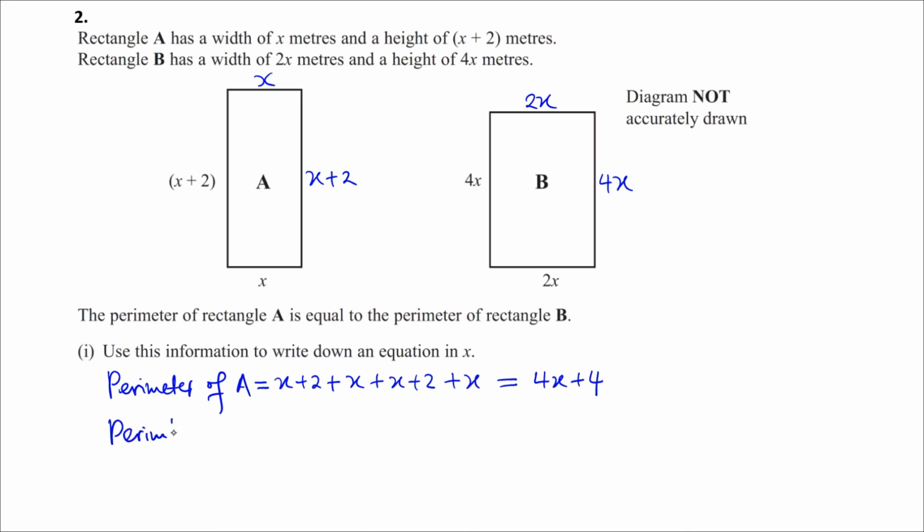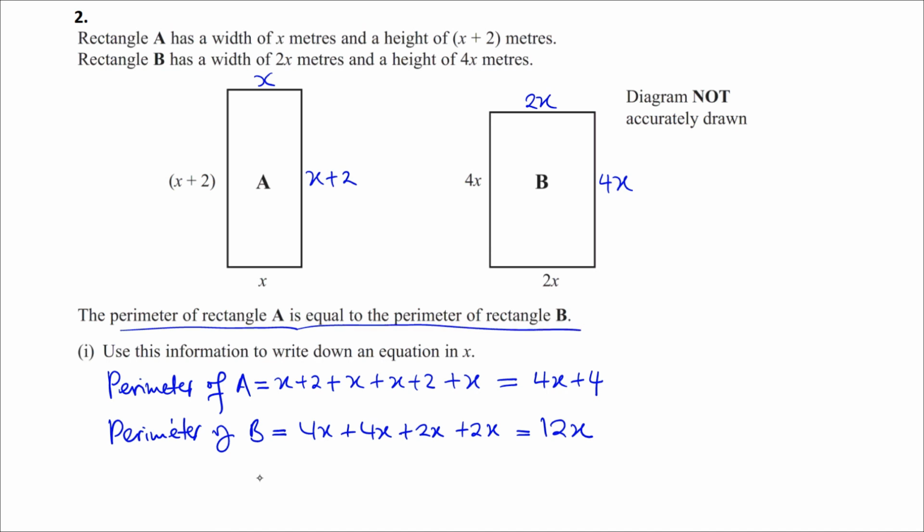The same way, perimeter of B will be equal to 4x plus 4x plus 2x plus 2x. And that will be equal to 12x. Now it's given that the perimeter of rectangle A is equal to the perimeter of rectangle B, which means that 4x plus 4 is equal to 12x. Now this will be the equation in x.